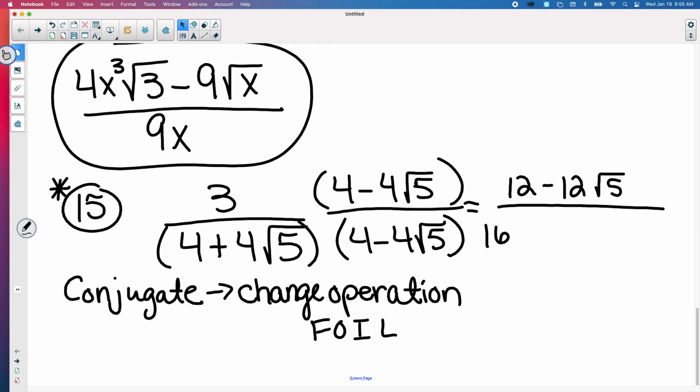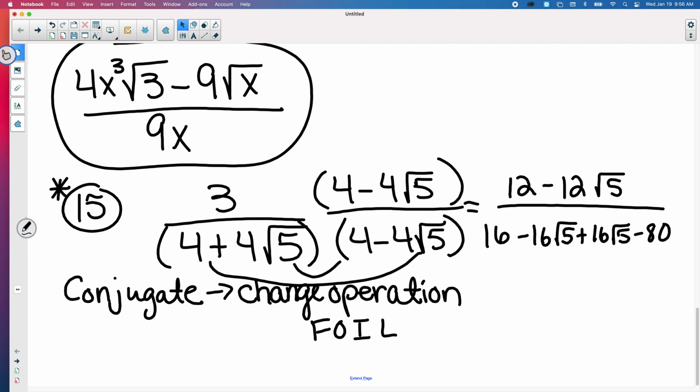When I do outer, what's 4 times a negative 4 radical 5? Alright, and then inner is 4 times 4 radical 5. 16. And then last is minus 16, well, 80. 80. Yeah, 16 times 5, which would be 80.